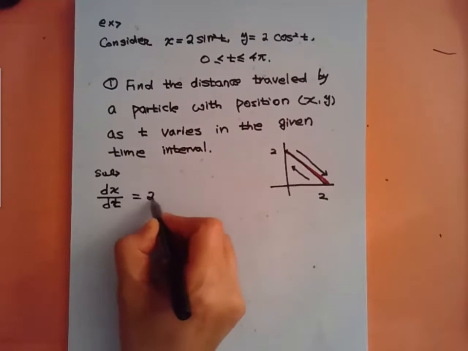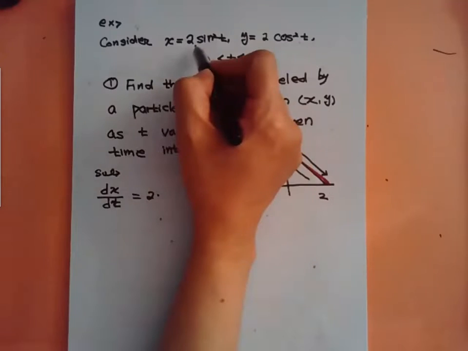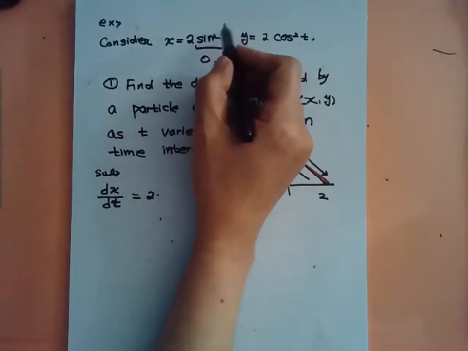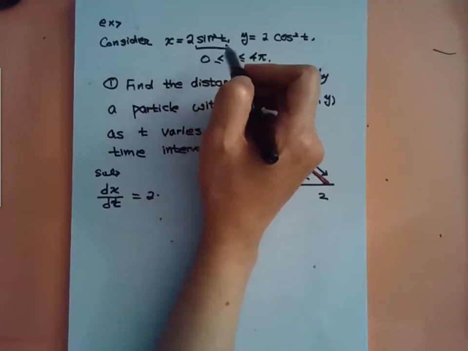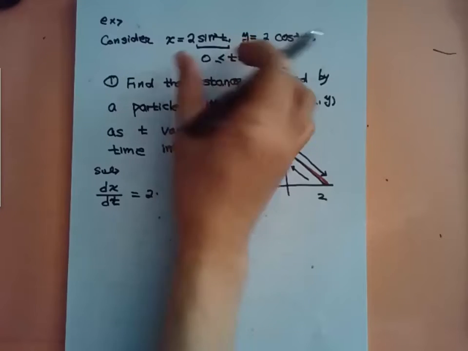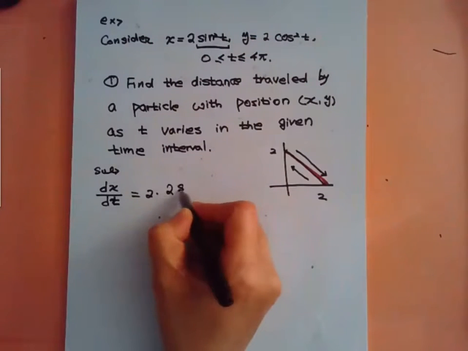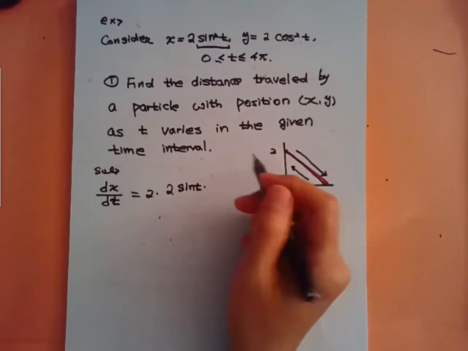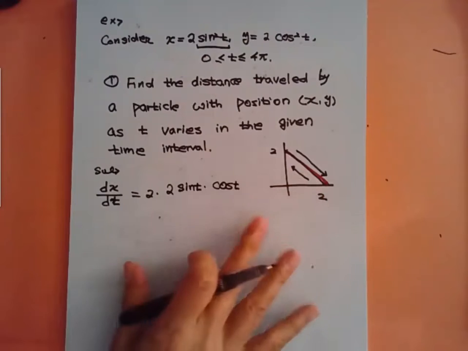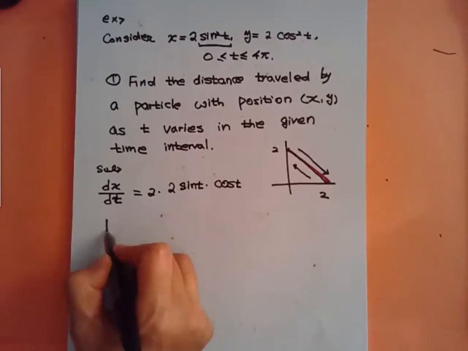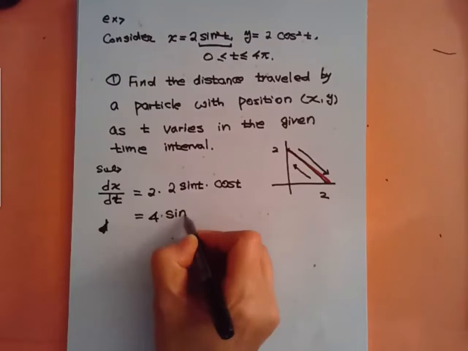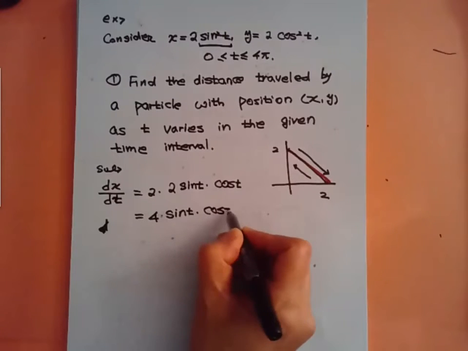So the first step is calculating the derivative of x. That is 2 times, again, we are thinking about the chain rule. The external function is something squared and the internal function is sine t. So we calculate the external function's derivative, which is 2 sine of t, and then multiply by the internal function's derivative, which is cosine of t. So that ends up being 4 times sine of t times cosine of t.